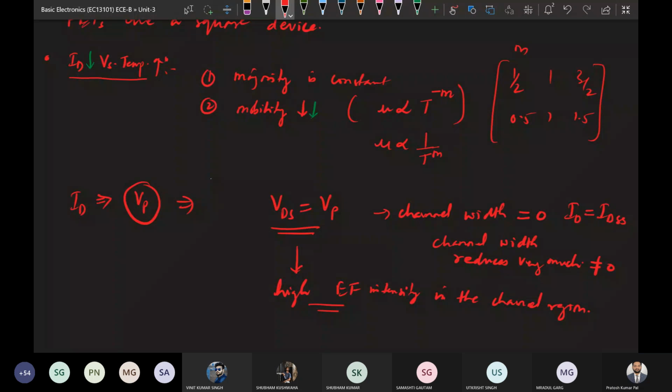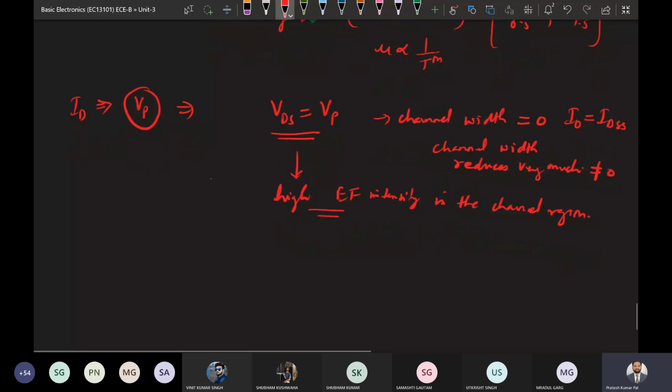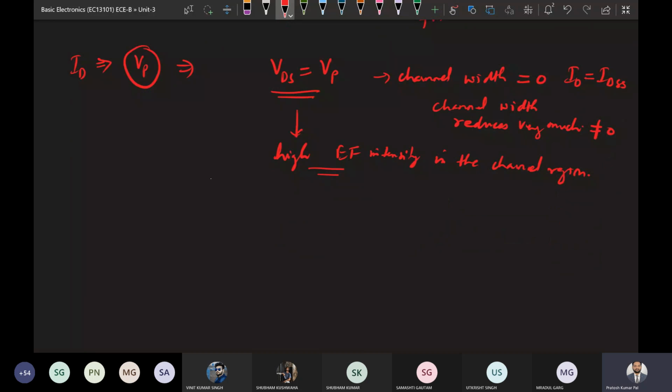So there is a conflict of interest, we can call it. Sometimes we call it VP, which is equal in magnitude to VGS off. We have seen in the previous class that this pinch off voltage is equal in magnitude to the VGS value when VGS is going to cut off the device.